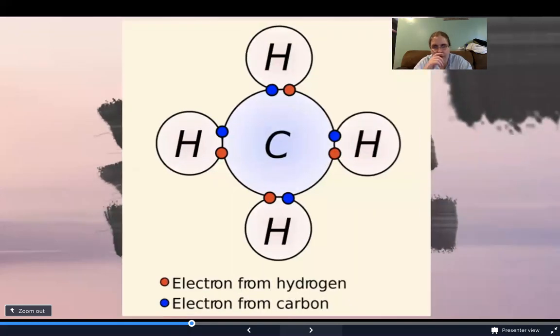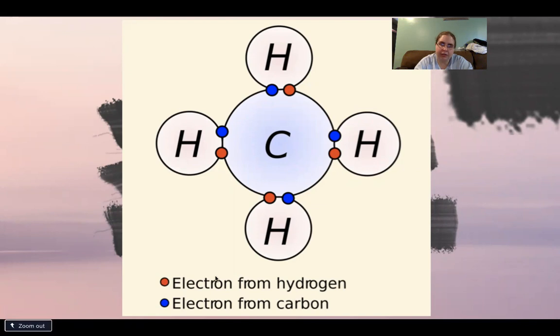So here's the picture. The red ones are from the hydrogen, the blue ones are from the carbon. Carbon has 4 in its outer layer. It can hold up to 8 to be most stable. Hydrogen has 1 in its outer layer. It can hold up to 2 to be stable. So the carbon shares 1 electron with this hydrogen, and this hydrogen shares its 1 electron with the carbon.